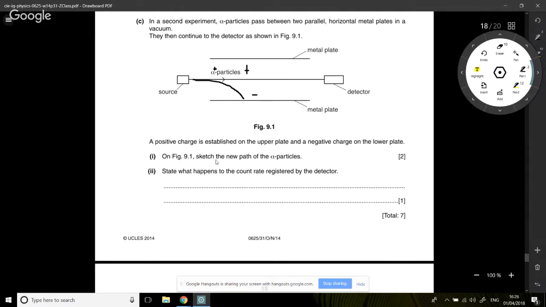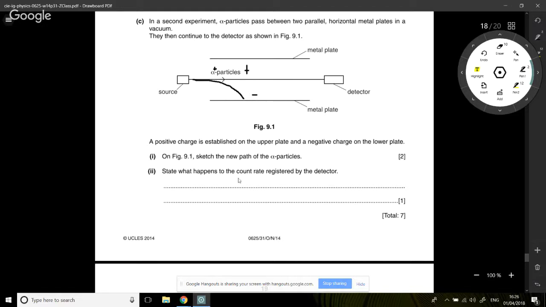It says to sketch the new path of the particles. Basically, they curve towards the bottom metal plate, because this has a negative charge, and alpha particles have a positive charge, and positive is attracted towards negative.